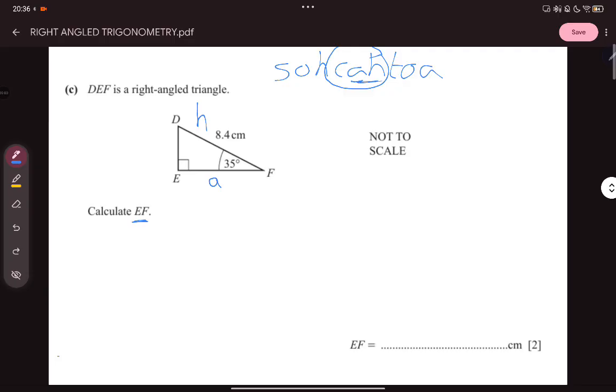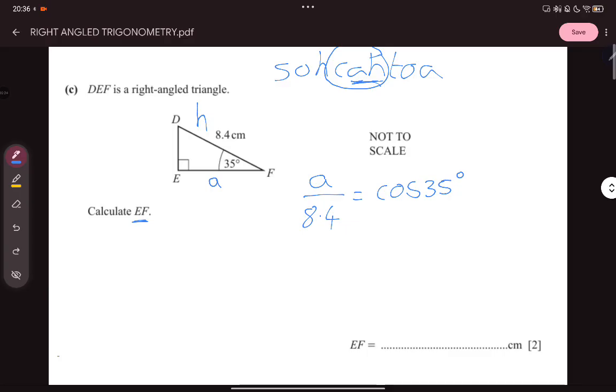So A, H for cosine, A divided by H. So A we don't know, so we'll just call it A, divided by H, which is 8.4, equals cosine, and it's cosine of the angle, which in this case is 35 degrees. Cosine of the angle is just some number.